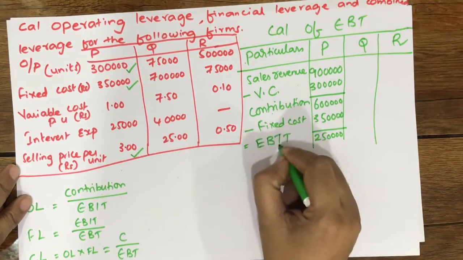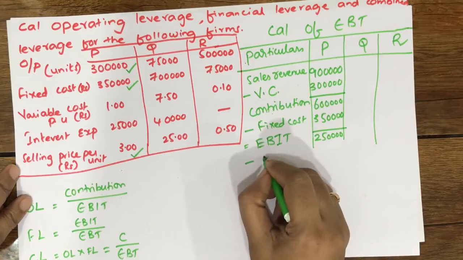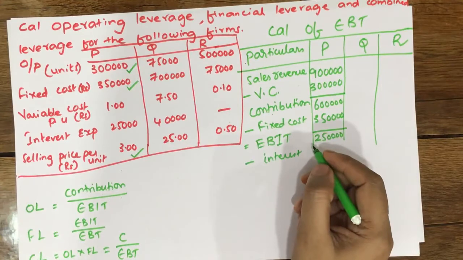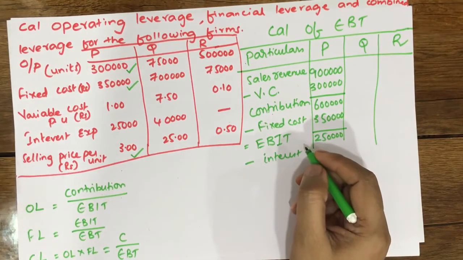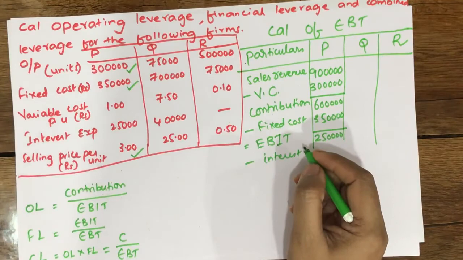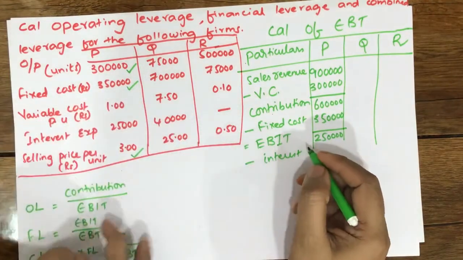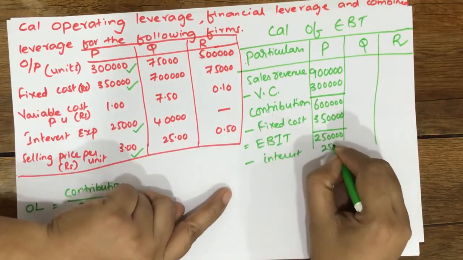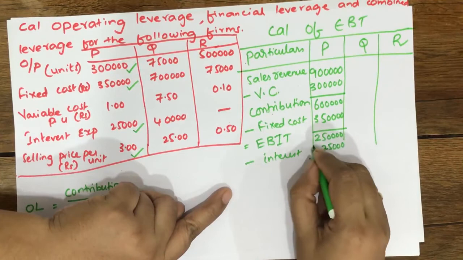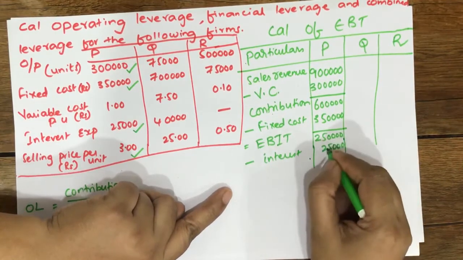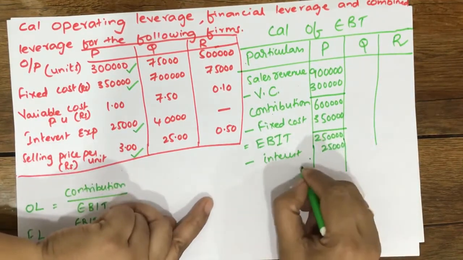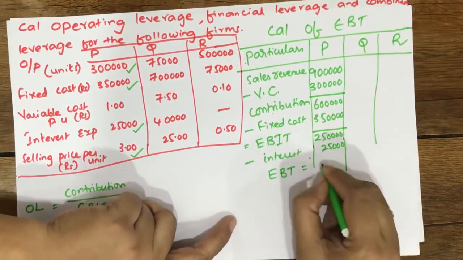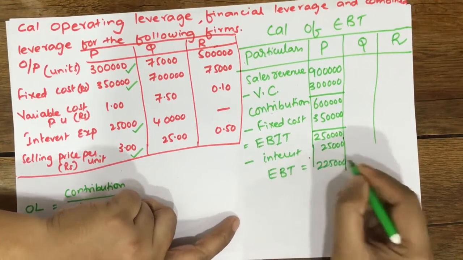Now, whenever a company has debt in its capital structure, it has to pay interest at a fixed rate, so that is to be deducted here. Interest expense is 25,000. If you deduct this from 2.5 lakh, we get earnings before taxes, which is 2,25,000.